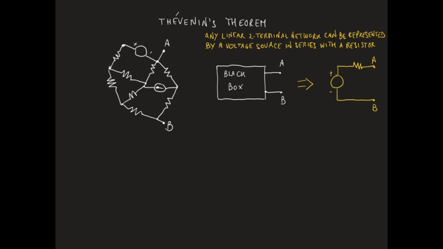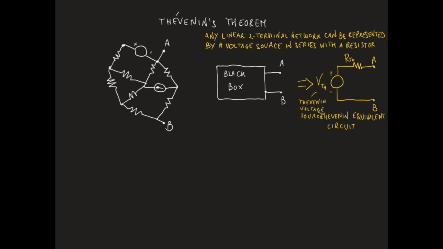In the case of Thevenin's theorem, the voltage source is called the Thevenin voltage source, typically indicated with VTH, and the resistor is called the Thevenin resistor, indicated with RTH. Together, they form what is called the Thevenin equivalent circuit.